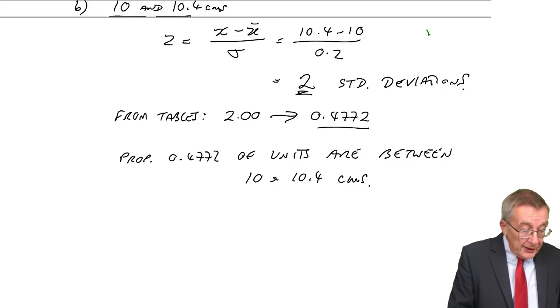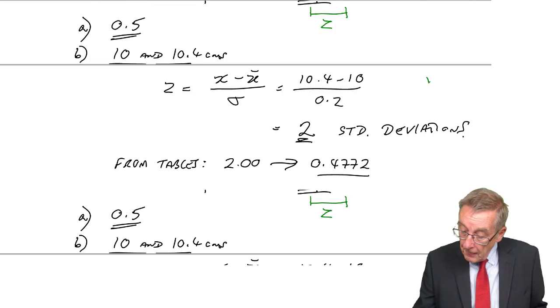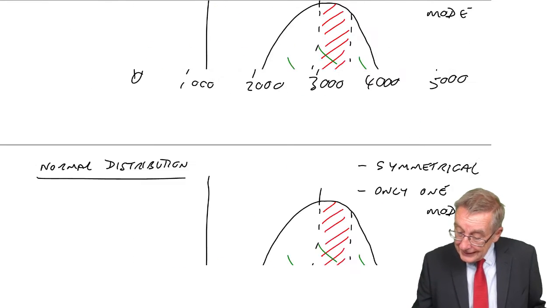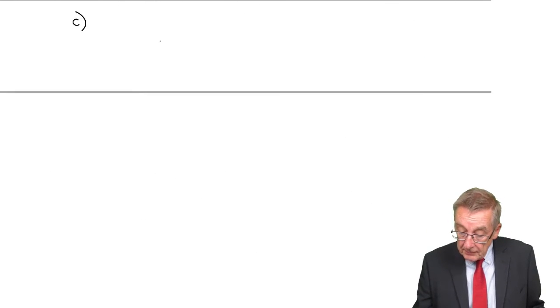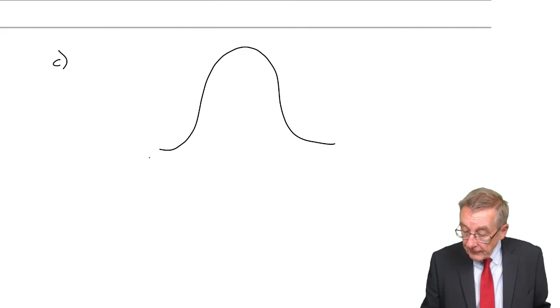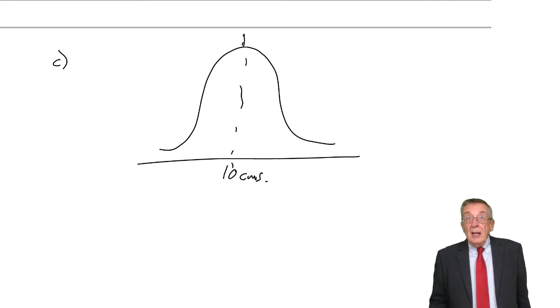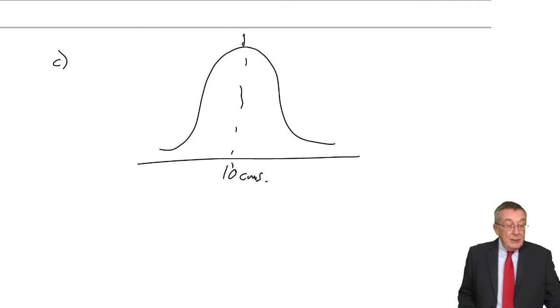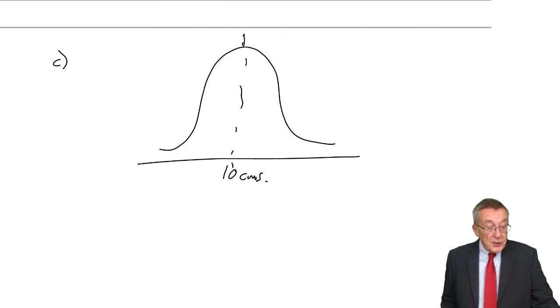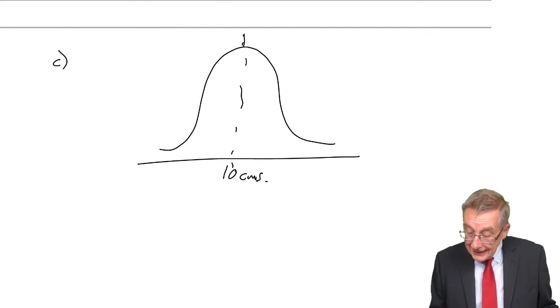Check you've got it. Let's look at the third one, C. Whoops. It's the same problem. So there's our curve. The average, remember, is in the middle and was 10 centimetres. But what does it want? It wants to know what proportion will have a length of less than 9.8.